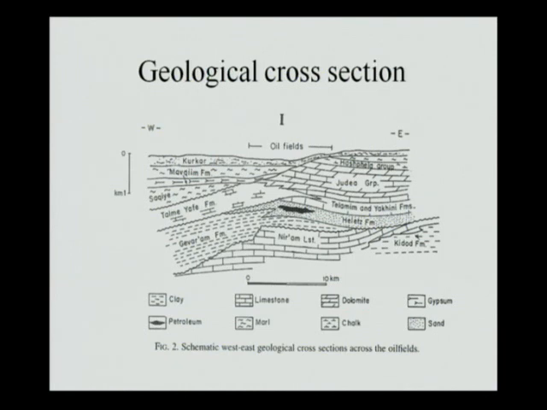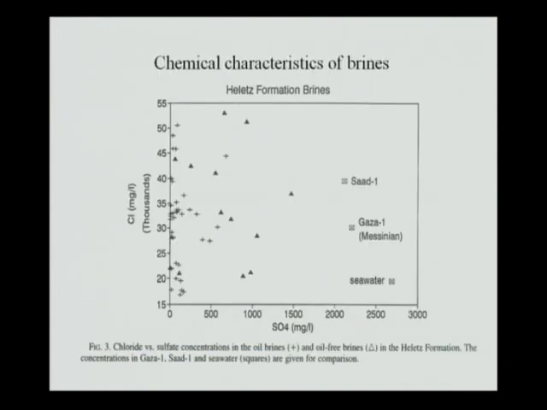Here, Mavkiim formation are evaporites. We are talking only about sulfur isotopes. The history of that area is complex.